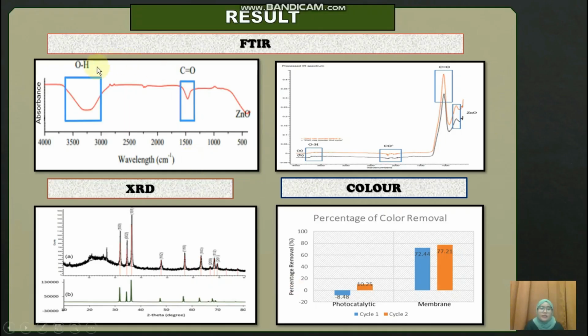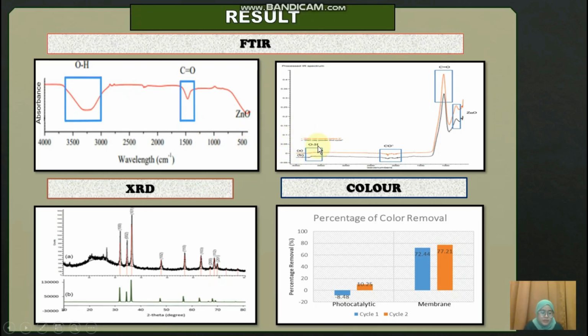So this is the FTIR spectra of zinc oxide, and this is the FTIR spectra of zinc oxide clay at 0 cycle and 2 cycles of reuse. The broad band at 3417 was for OH stretching vibration, indicating the presence of hydroxyl group in the commercial zinc oxide, while zinc oxide clay revealed the stretching vibration of structural OH group at 3700.